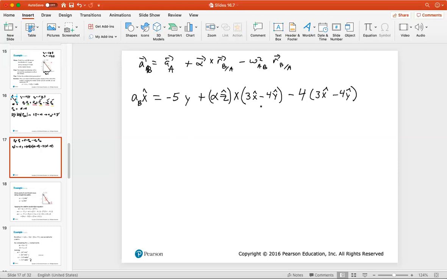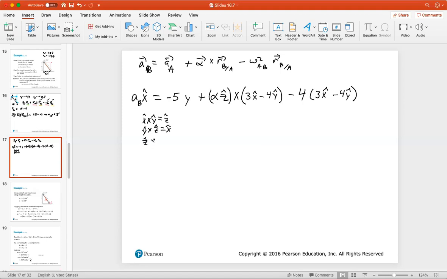Now, I find it useful, rather than using the determinant method, to just remember that x hat cross y hat equals z hat. Y hat cross z hat equals x hat.